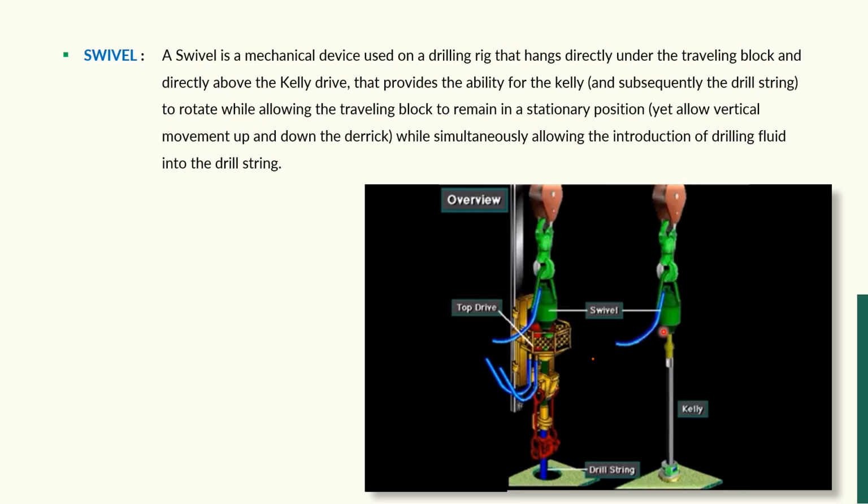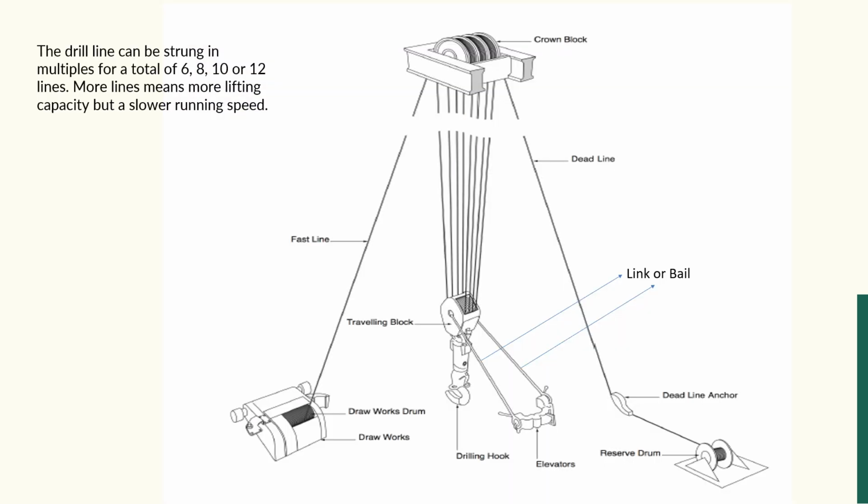But the traveling block will not rotate; it can only go up and down, while the Kelly and drill string rotate 360 degrees. Along with this, the swivel introduces the drilling fluid through the rotary hose to the drill string. So this is about the swivel.